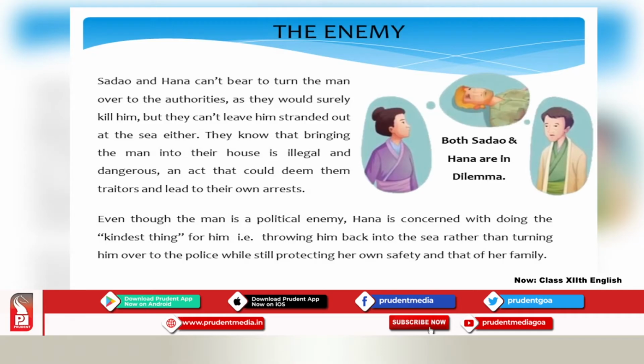They know if they bring the enemy home, they will be termed as traitors. If they are termed as traitors, there could be chances that the Japanese authority might have Dr. Sadao and his wife arrested. But Hannah here wants to do the kindest thing even though the white man is her enemy.